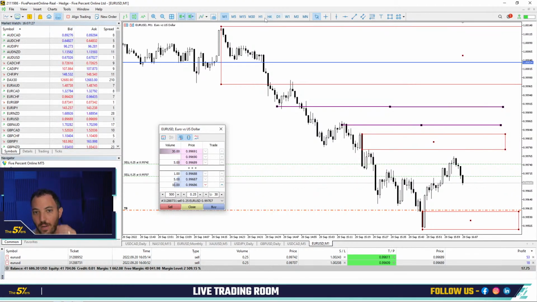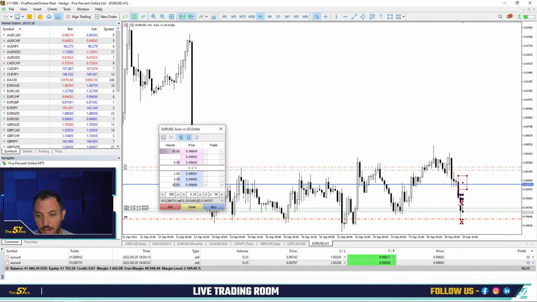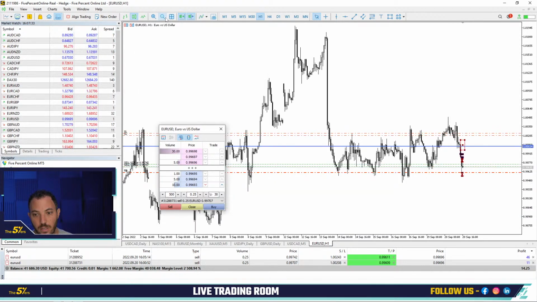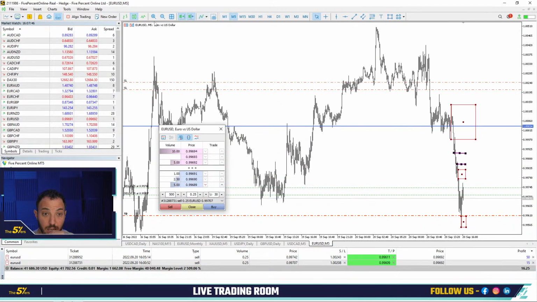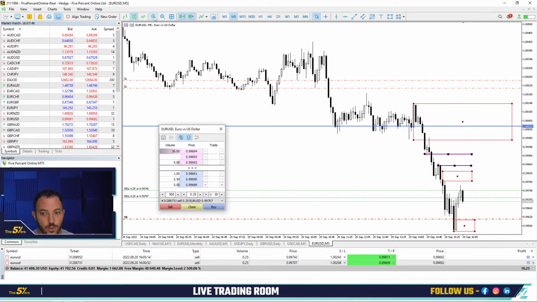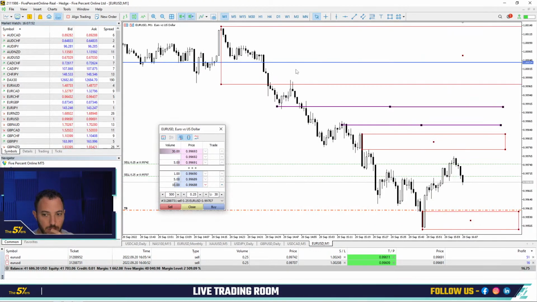If I recognize there's a potential break of the support, so there might be a nice continuation, we're trading around this area, so we might break today and go all the way down there. So I will see how we are trading in that area, and then I'll decide if I swing or not. But those are decisions I make based on future information. I'm a bit early for that, so let's just wait and see.